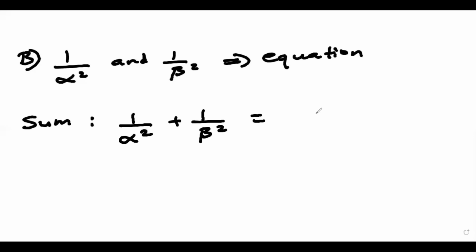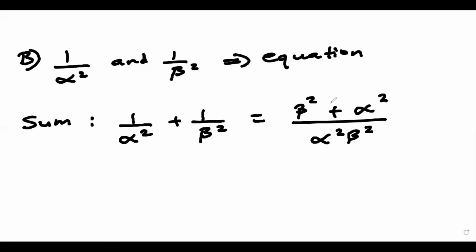So we're adding two fractions, so that means we need to find the LCM, which would be alpha squared beta squared. Alpha squared into the denominator would give you beta squared, and beta squared into the denominator would give you alpha squared. Remember, you're multiplying it by the ones at the top.